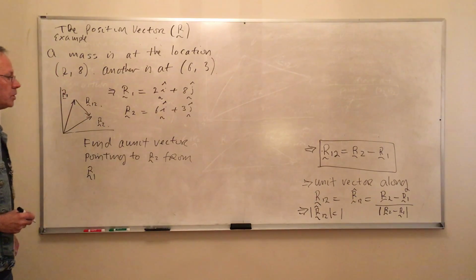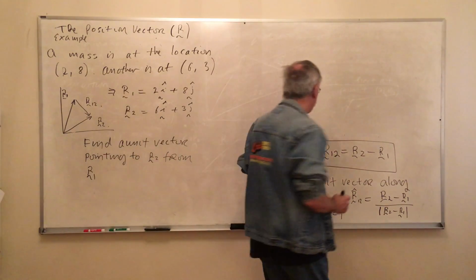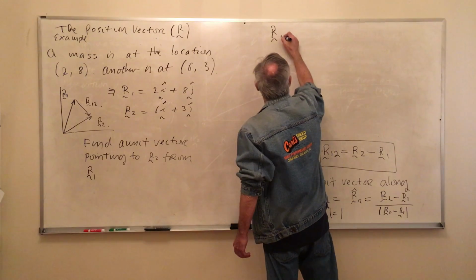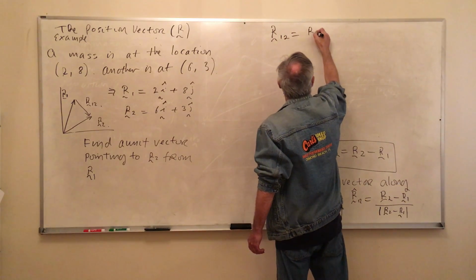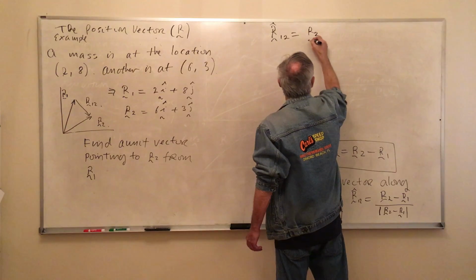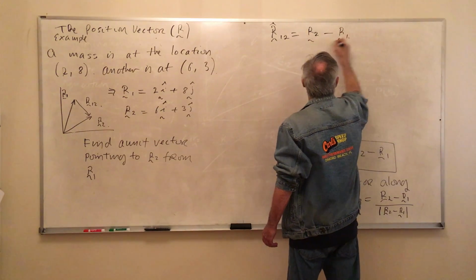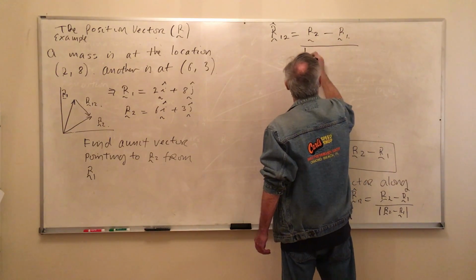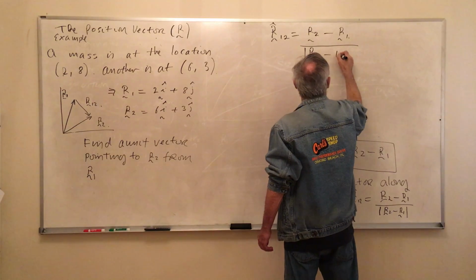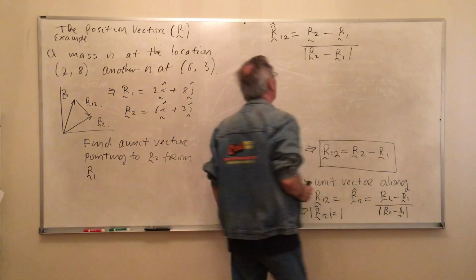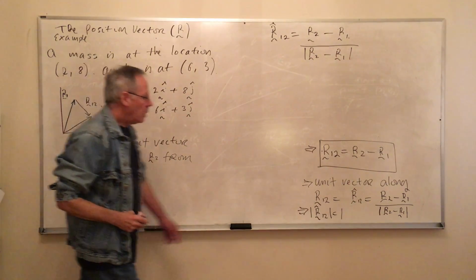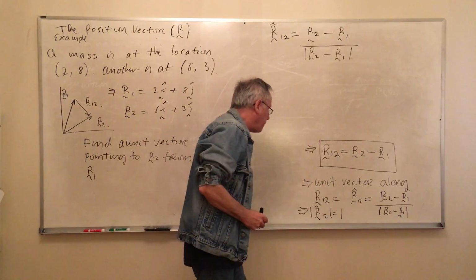So we're going to find R12 basically, and here's our formula. So R12 hat is R2 minus R1 over its magnitude.